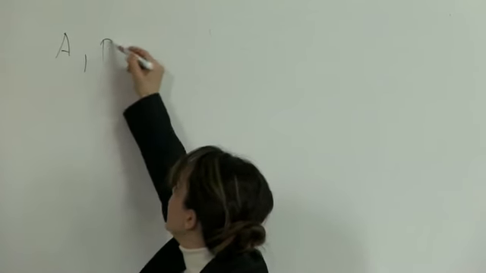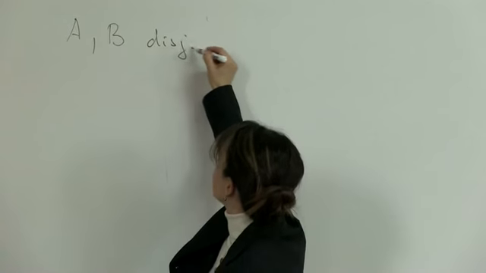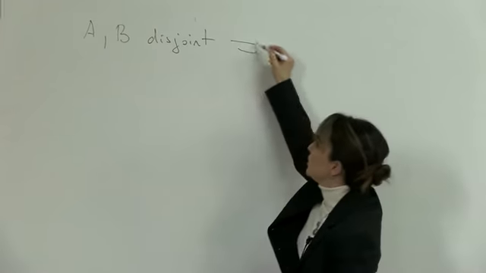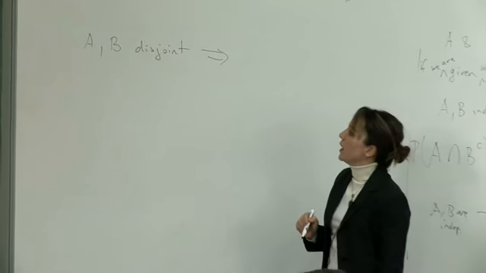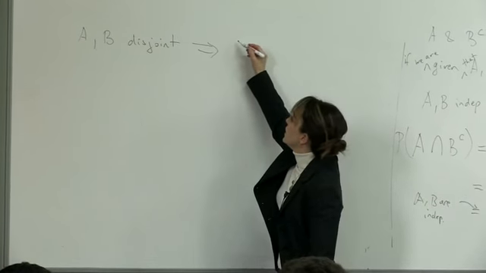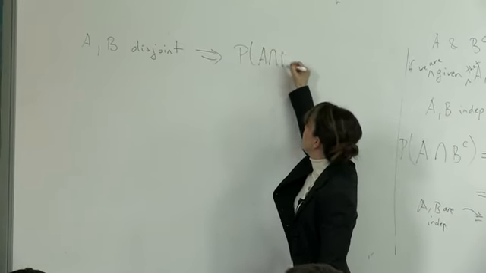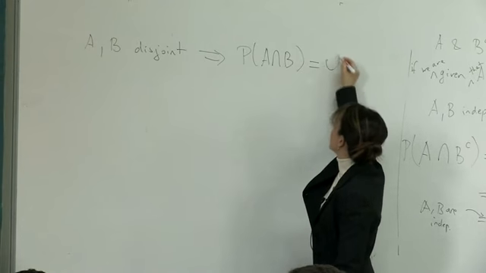Okay, so let's show this. A and B are disjoint. This implies that the probability of A intersection B is always 0.